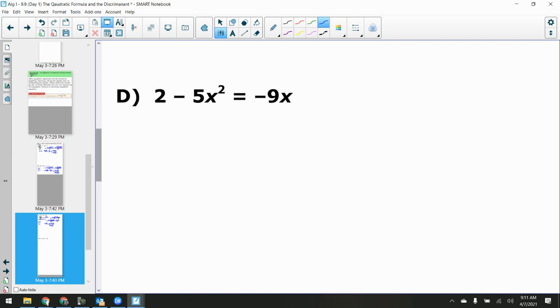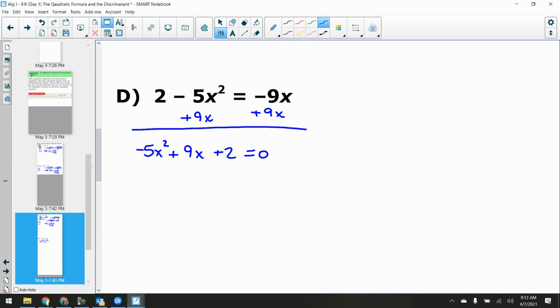So I'm going to bring this negative 5x squared all the way to the left. And then when I add this 9x, that's going to be plus 9x plus 2. Again, it doesn't matter that things are negative and positive. It's going to come out in the wash anyway. A is negative 5, B is 9, C is 2.